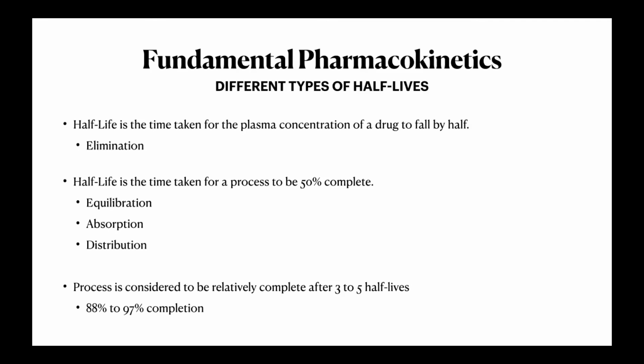But half-life can also be defined as the time taken for a process to be 50% complete. And that process can be equilibration, absorption, distribution. And the process is considered to be relatively complete after 3 to 5 half-lives. And that represents 88 to 97% completion.